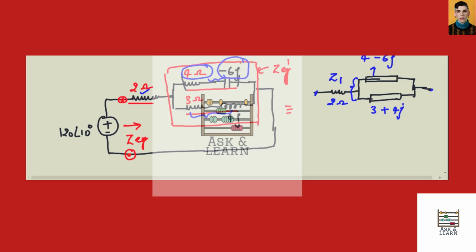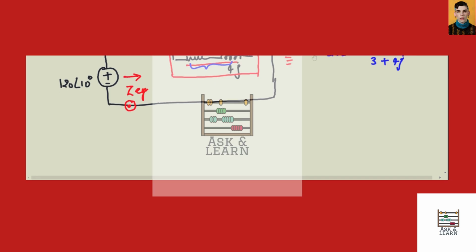I'm just writing the formula for parallel impedances first. The formula is 1 upon Z equivalent is 1 upon Z1 plus 1 upon Z2. This is the general formula which you can memorize.